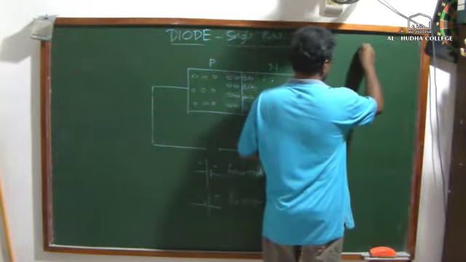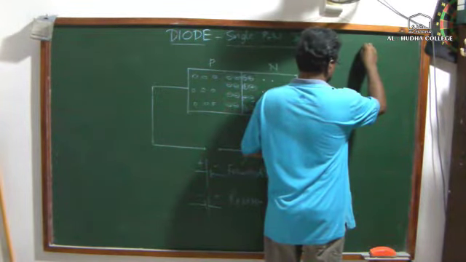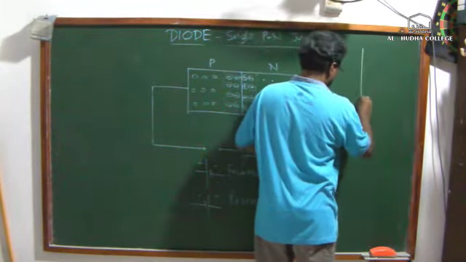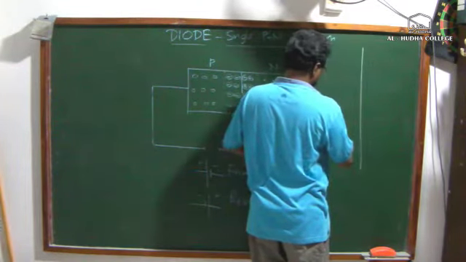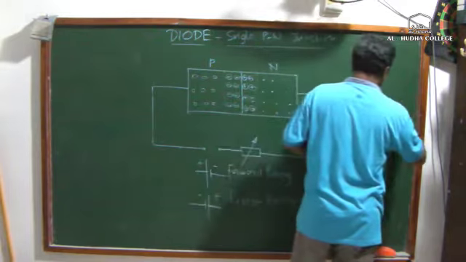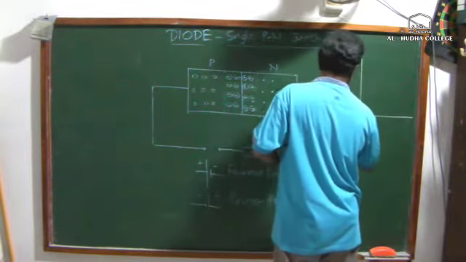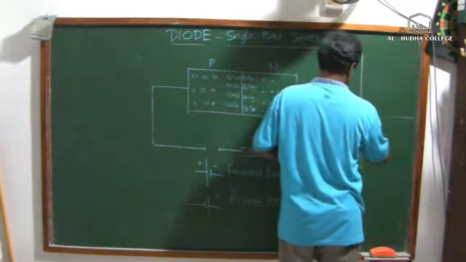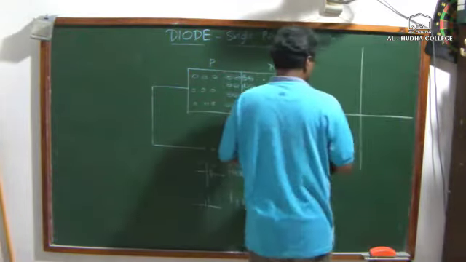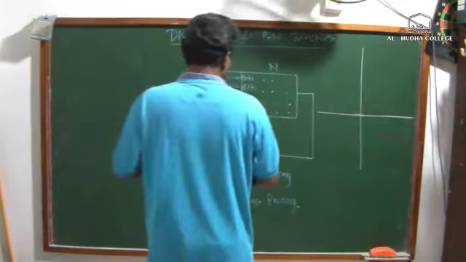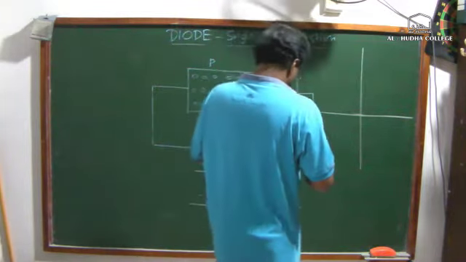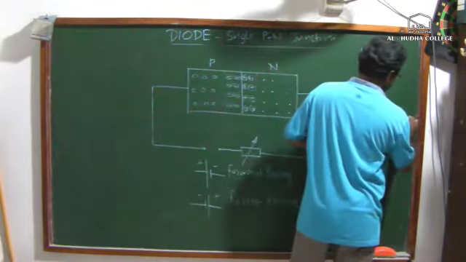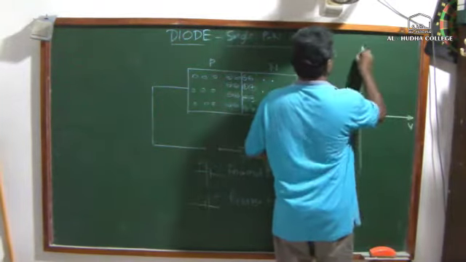So I have drawn this curve. We mark voltage here, current here.